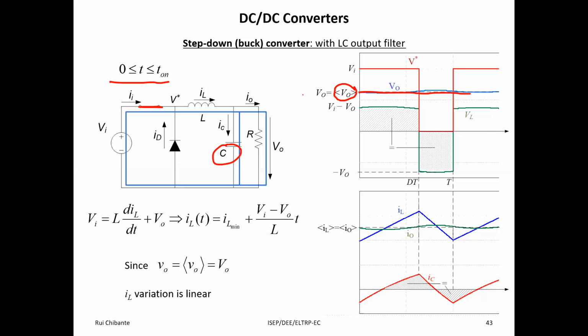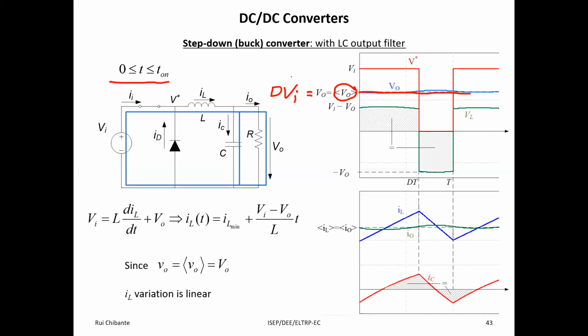Well, the relationship is the same that we saw in the last class. Without the filter, the relationship is exactly the same. So output voltage is equal to duty cycle times input voltage.